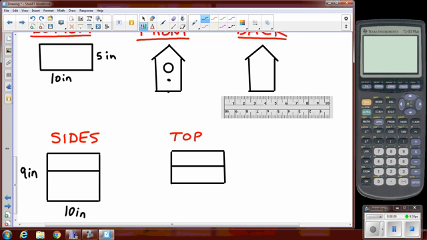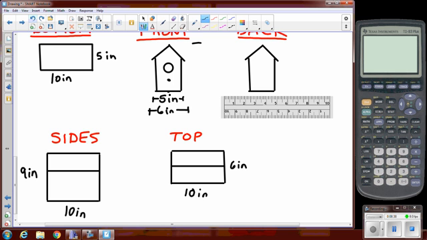The top of it, if I was looking straight down at it, it's still going to be 10 inches long, but now it's going to be 6 inches wide. That was from tip to tip. And you could see we put these, this would be the top of the roof of the house where it's going down. So you can see that we did draw a line, because if we were looking straight down on here, we'd be able to see that as well. So I'm going to put the dimensions on here that I need. 6 inches, this is 5.